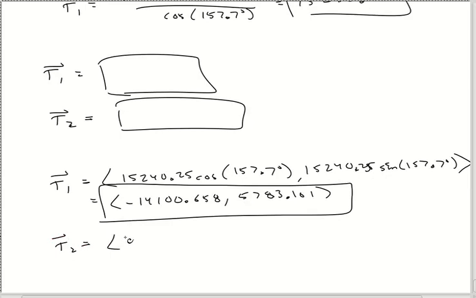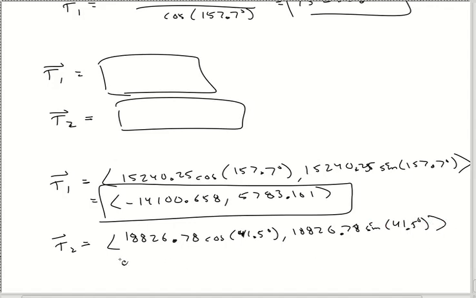And then T2, same thing. This time instead I'm going to be using the 18,826.78 cosine of the 41.5. That's the angle associated with the T2. And copy paste over here again, sine of the 41.5 degrees.